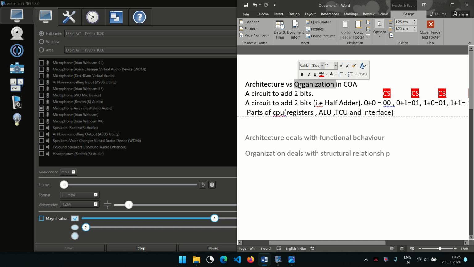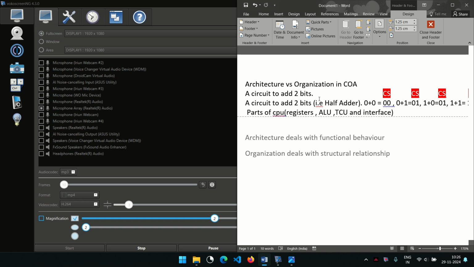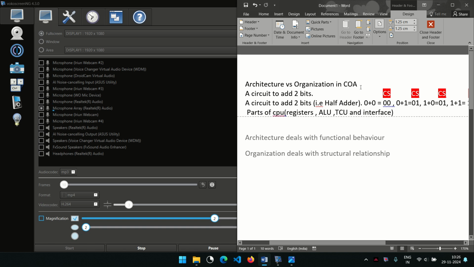Not directly but indirectly they influence each other. Organization deals with more structural things and architecture deals with the design.